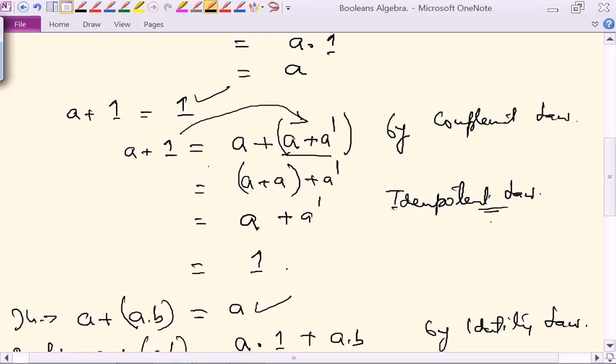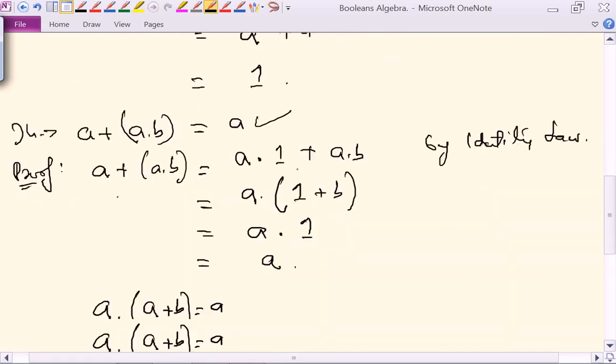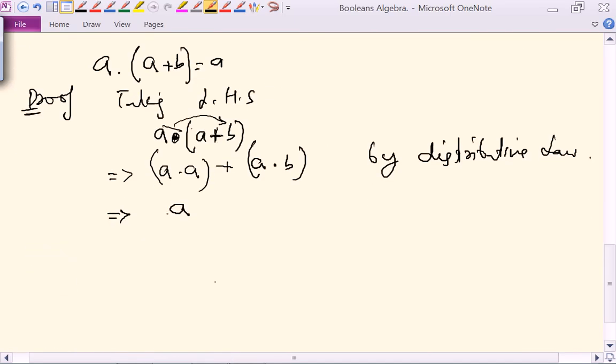Idempotent law, because A or A is equal to A. Similarly, A and A is equal to A, right? Okay, so there is a plus in between. Then we have the A and B. So we got A or A and B.